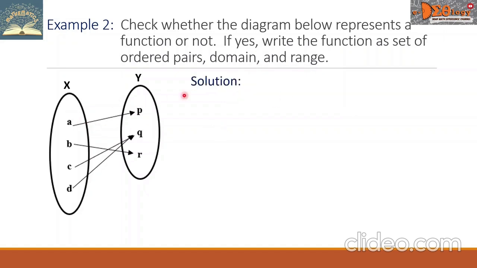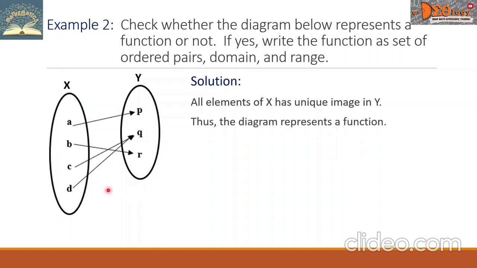Here we have two sets, set X and set Y. Here are the elements of X and here are the elements of Y. We can see that all elements of X have a unique image in set Y. That means there is only one arrow from any element of X going to an element of Y. Thus, this diagram represents a function.